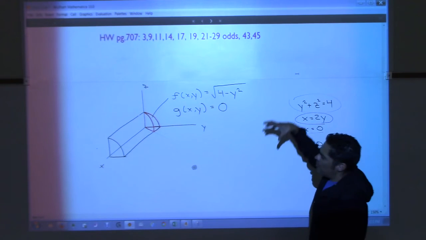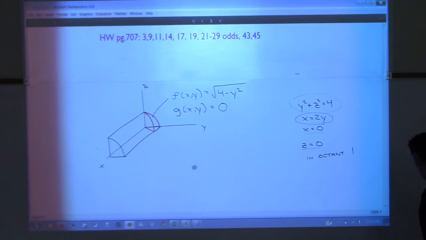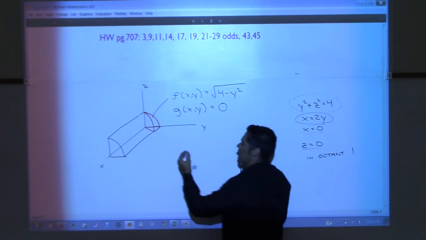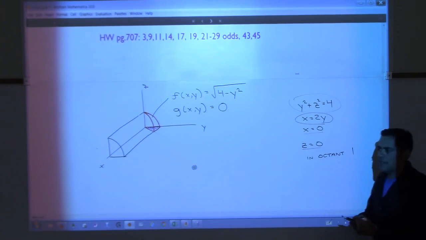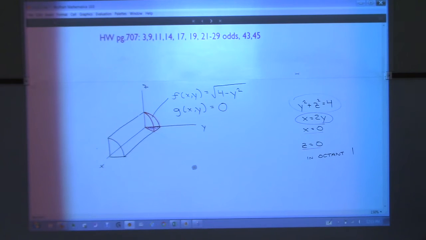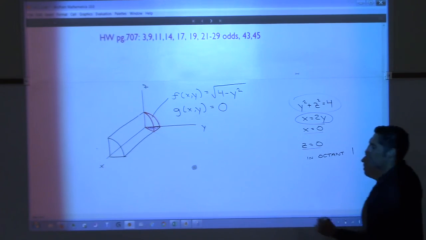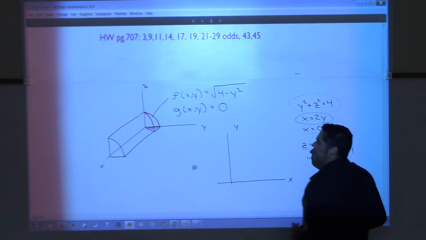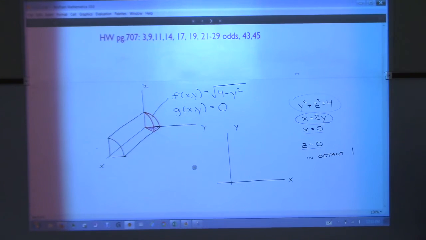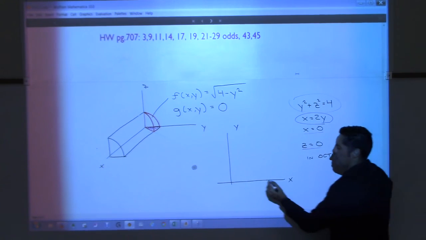And then what would the shadow on the ground look like? It's this piece right here. Isn't that our domain? That's our domain. And I can try and draw that in two-dimensional space. This was our x, this was our y. So doesn't it kind of look like this?